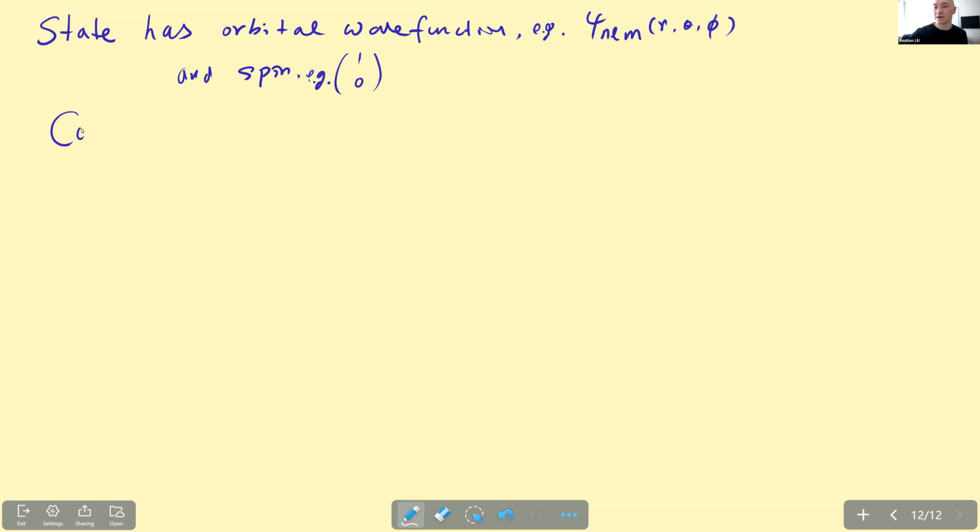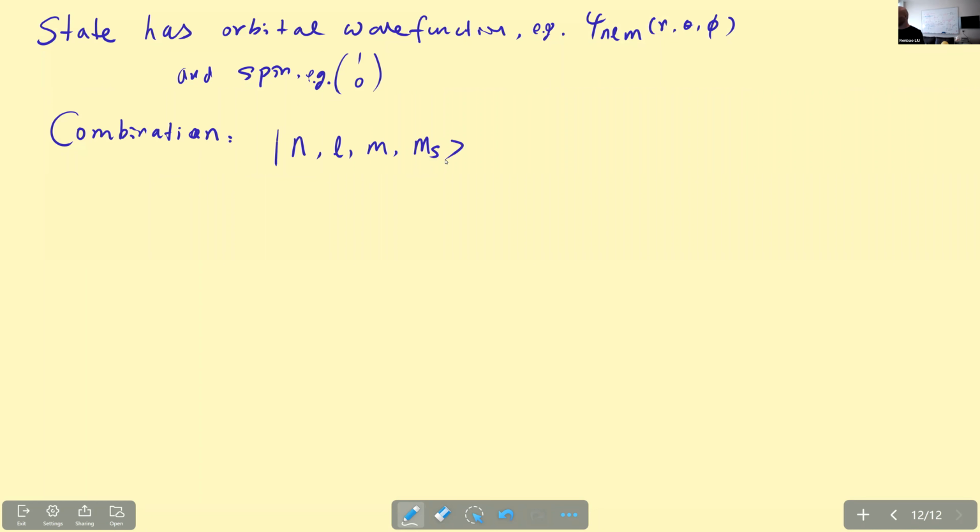So we can say that if you have a combination, the state, for example, we can have n, l, m, and now we also have m_s.